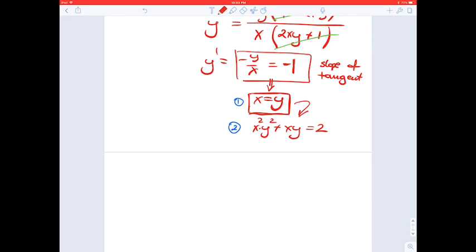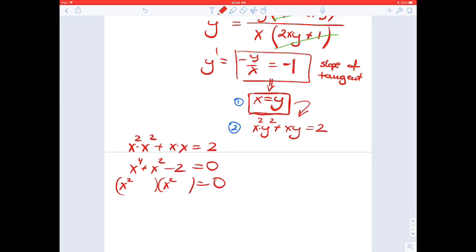That means let's substitute x instead of y. I have x squared and x squared, x to the power of 4, x to the power of 2. Minus 2 is 0. I think I can try to factor out x squared.